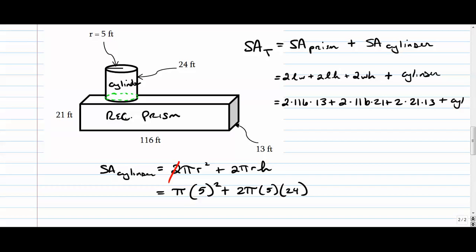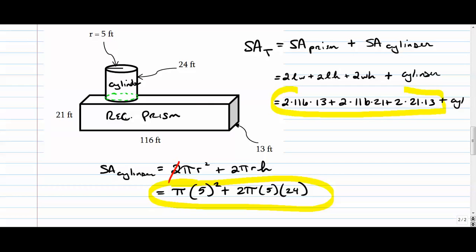Alright, we're not finished yet, but we'll take this and add it to this, and that'll give us the surface area of the entire thing. However, think about this for a second, because there is one other thing you need to think about.